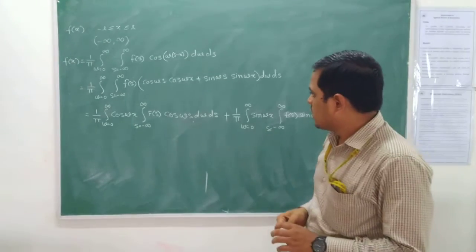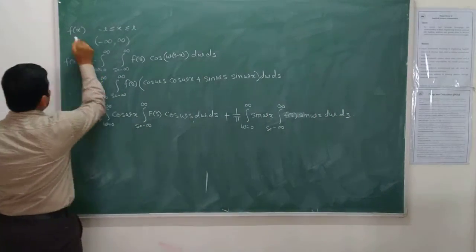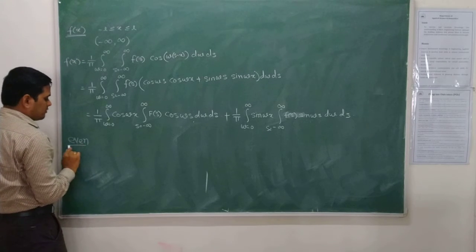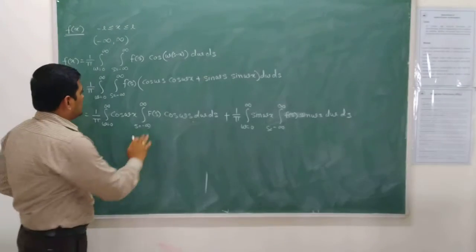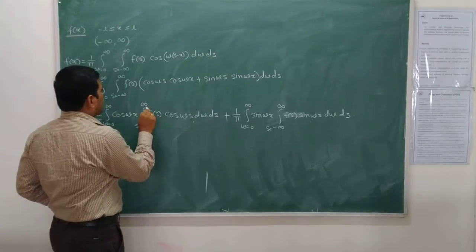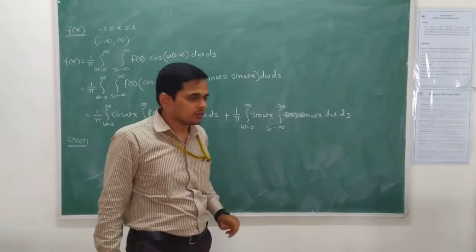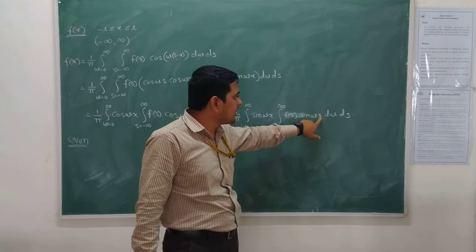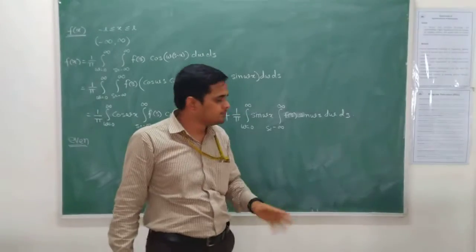Now, if your f of x, that is your given function, is even, then f of s is also an even function. As f of s is even, and we have already seen that sin omega x with respect to x, the sin function, is an odd function.